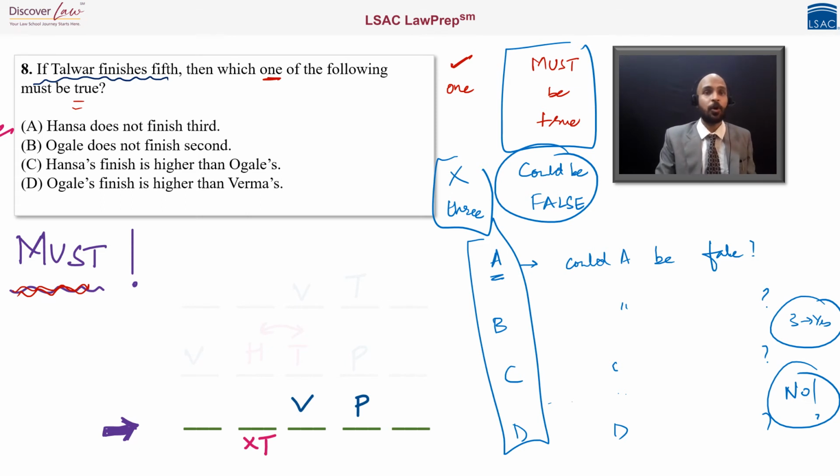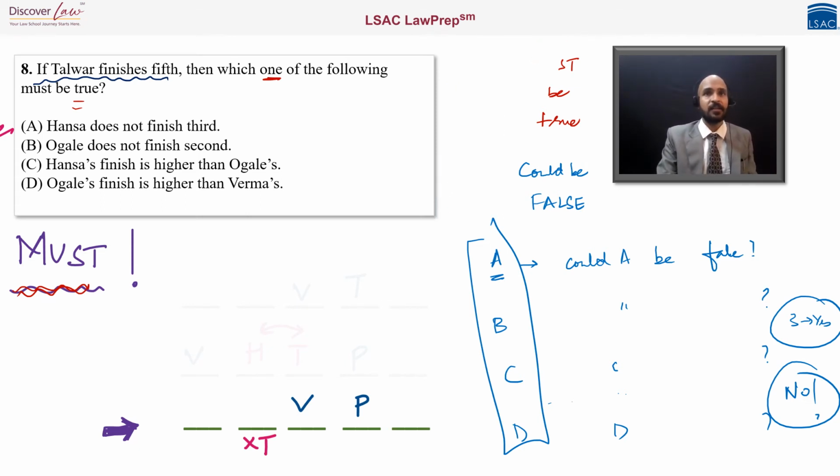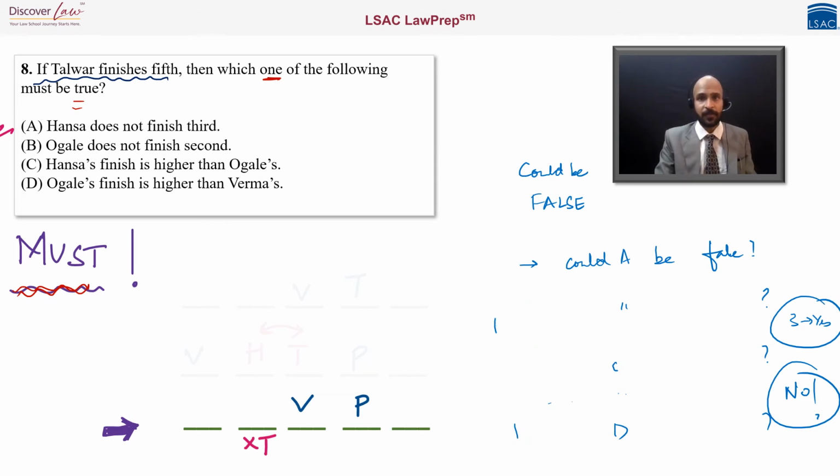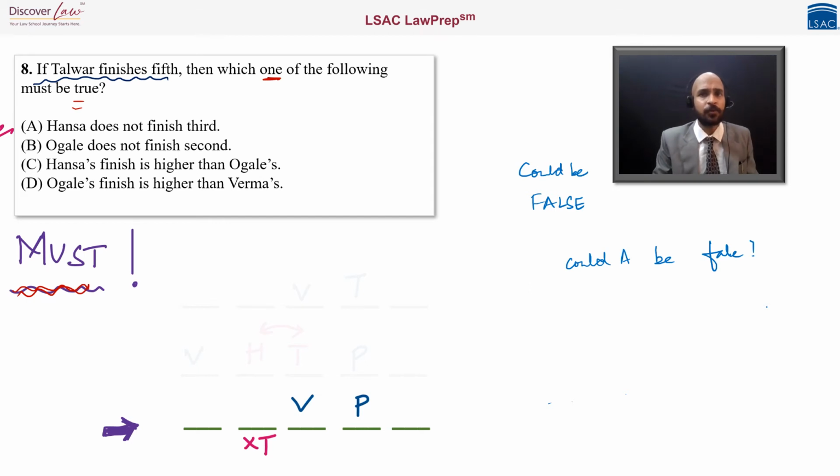Okay, starting with option A. Option A says Hansa does not finish third. Now, what is the question that you're going to ask yourself for option A? The question is, could A be false? Which means, A is saying Hansa does not finish third.